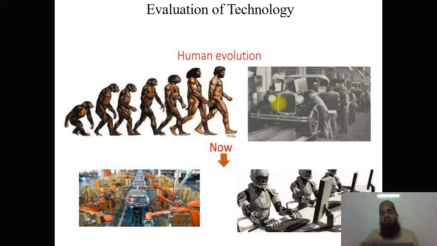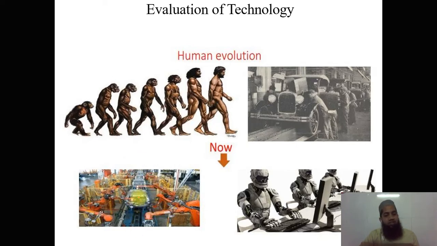Initially, the car was assembled by human beings, and nowadays a few companies still assemble their cars on a railing system, with human beings standing on both sides. But nowadays we are using robots on both sides along the railing system, and the robots assemble the car with high accuracy.